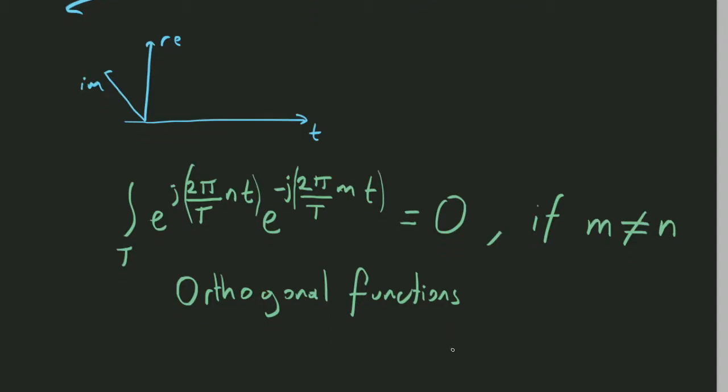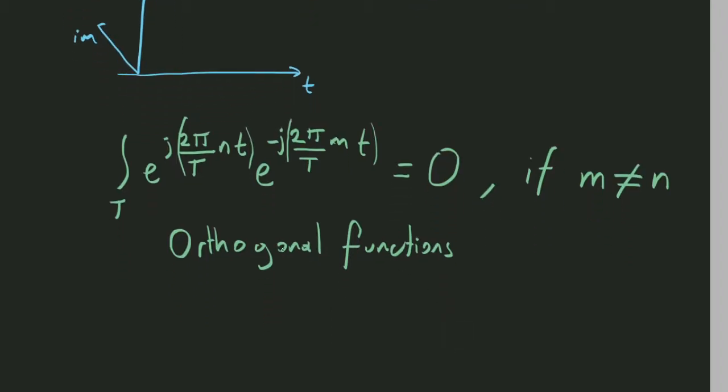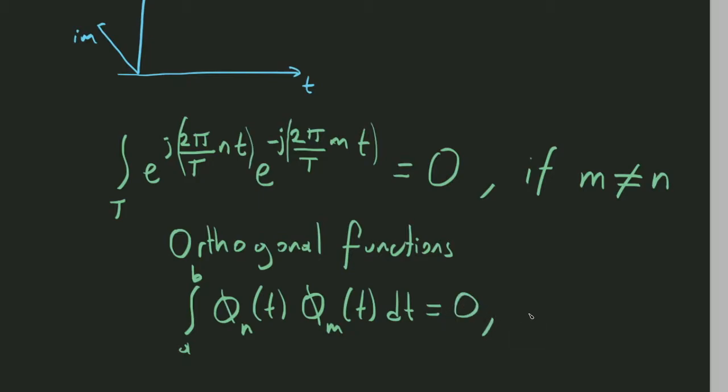Orthogonal functions have the property of having a 0 integral when we multiply them. So from a to b, phi n of t times phi m of t dt is equal to 0, where m is not equal to n.